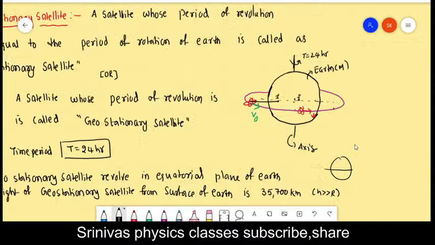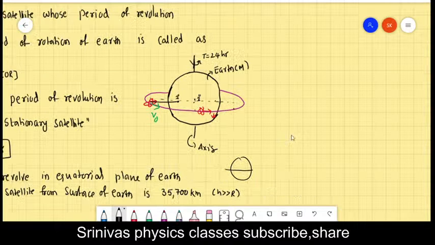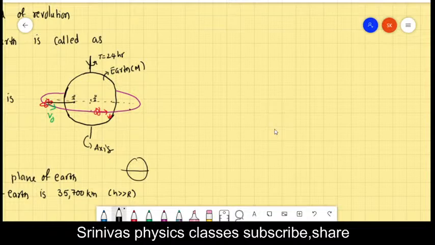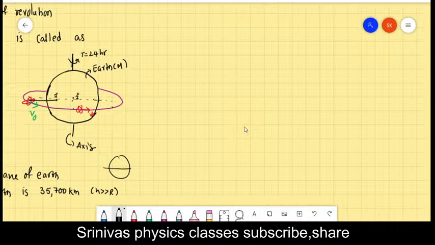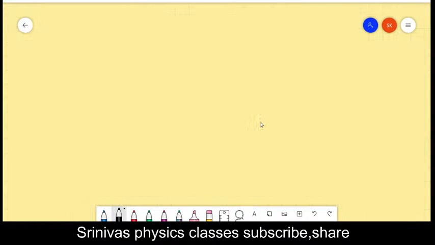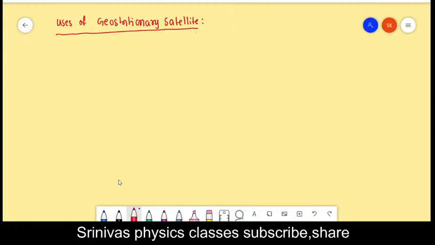Now let us go to the uses of the geostationary satellite. Why are we using this satellite? Why should we launch satellites? You listen very carefully, I am going to explain the uses of the geostationary satellite.